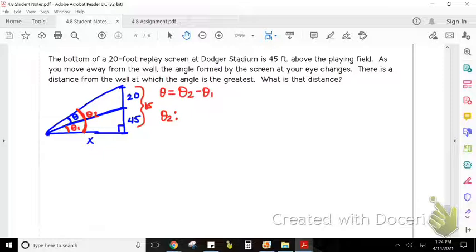The y-axis. So that could be our y value. We're looking for this side over here, which goes left and right, so that's our x. So which trig function could help me find theta 2 if I know y and I know x? Tangent. So we know that tangent of theta 2 will equal the y, which is 65, over the x, which is x.